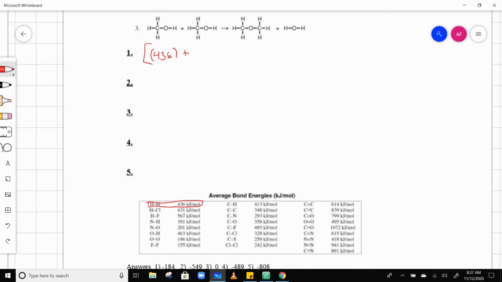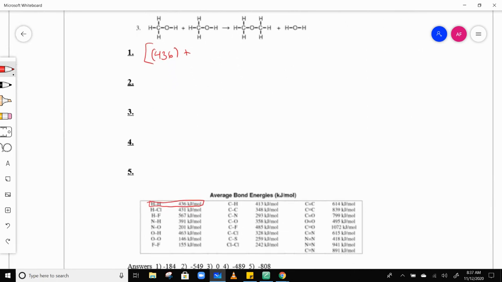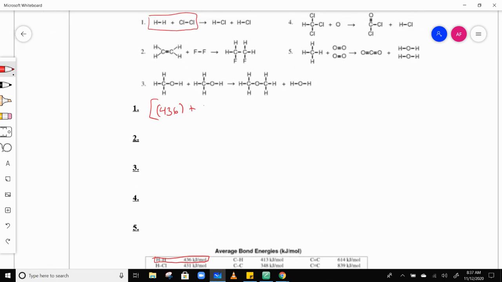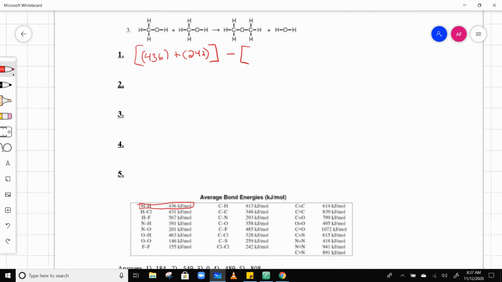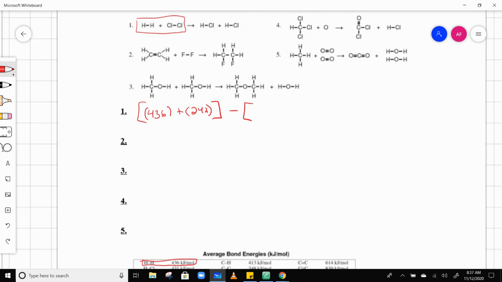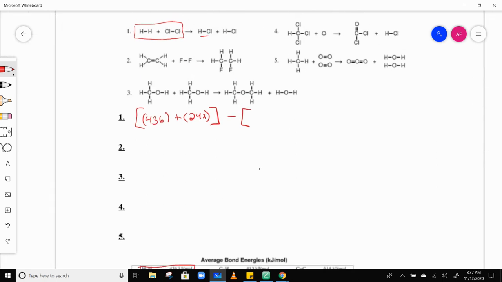A ClCl single bond is 242 kilojoules per mole. This is 242. Then minus the products, minus the sum of the products. So HCl is right here, 431. And there's two of them, 1, 2. So we can just say 2 times 431.